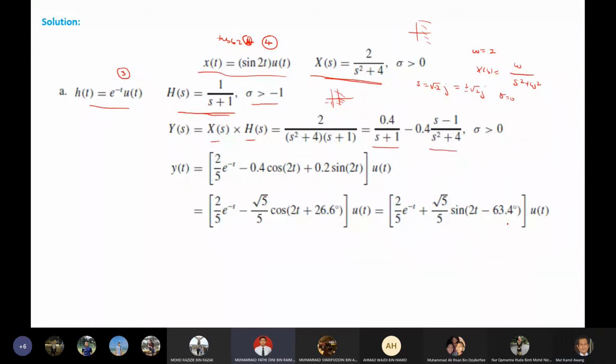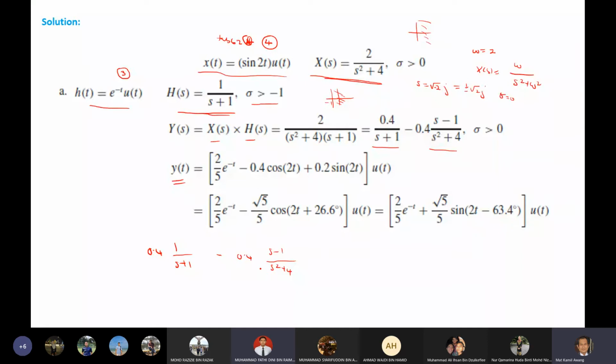Since you want to find y(t), you need to use the inverse. So this looks like 0.4 times 1 over s plus 1 minus 0.4 over s minus 4.